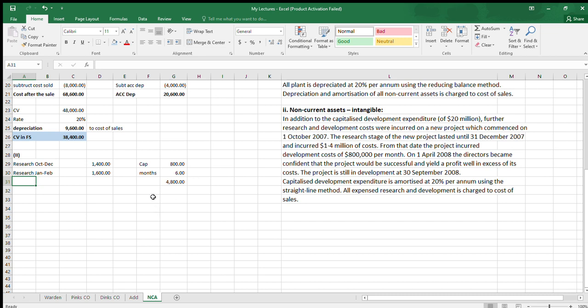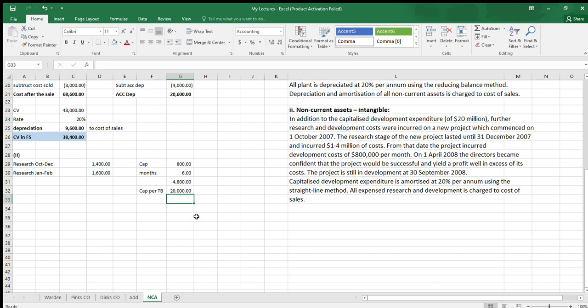So let's add the capitalized one per TB, 20,000. So the total.